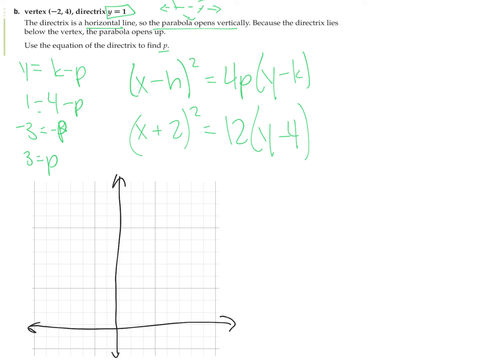One day I'll figure out how to do straighter lines on this. Okay, no need to scale it down. Negative 2, 4. And our directrix is at 1, which means our focus is going to be 3 away.